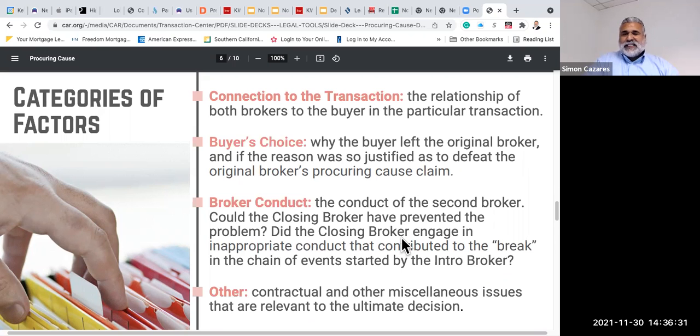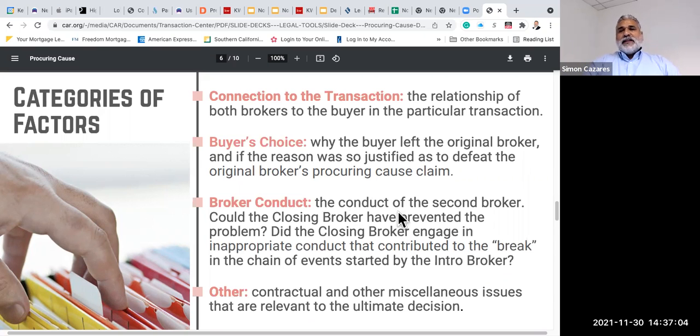They just want to get as much intel so that they can arm and position themselves when they submit an offer. And then you think, oh my God, I exposed everything to these buyers. And now the buyers that I put all this time, effort, and energy into went with another agent. So that's one of the pillars of procuring cause. And we'll talk a little bit more on how to protect yourself and ultimately navigate to really make it a win for you and get a commission.